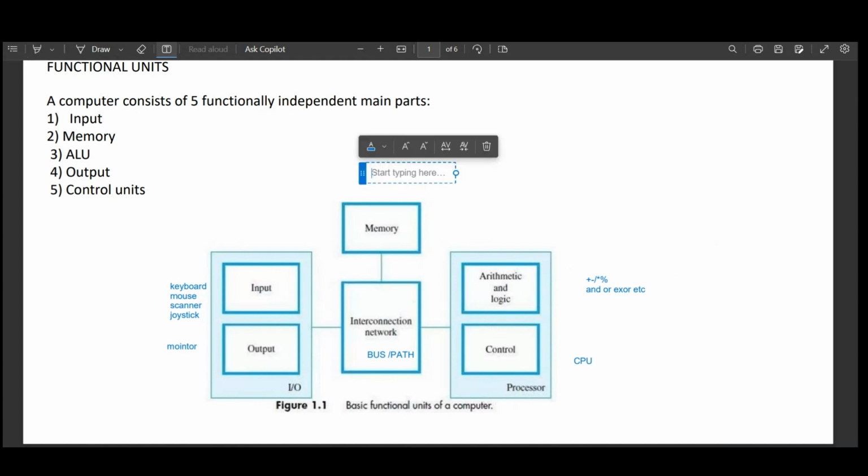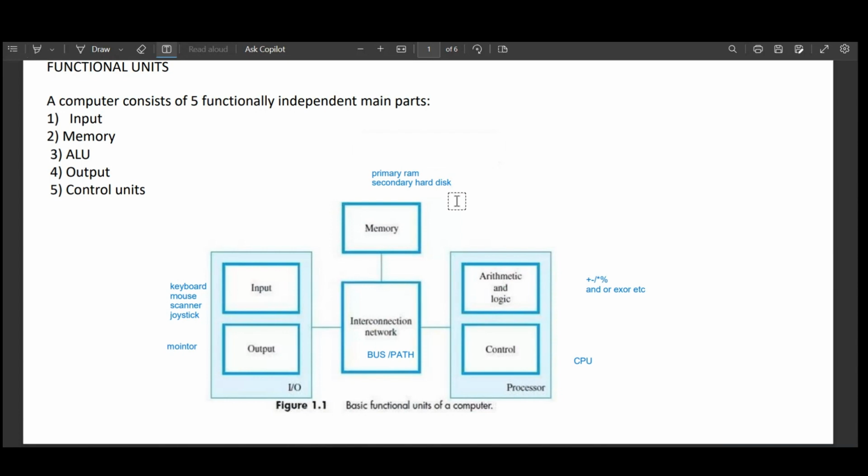Next, coming to memory, we know that there are two types of memory: primary memory and secondary memory. I'm sure that all of you know these two types. An example of primary memory would obviously be RAM, and secondary is hard disk. What does this memory do?